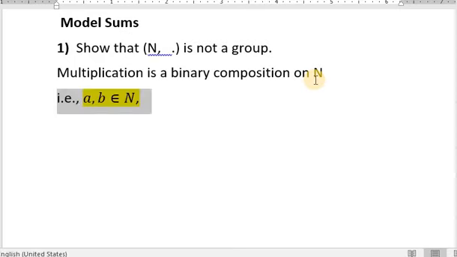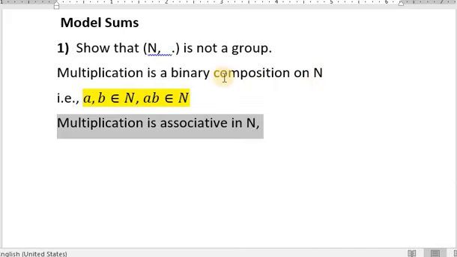Then it can be represented symbolically like this. That is, for all a, b belongs to N, a into b also belongs to N. So, multiplication is a binary composition on N. So, the first property, that is closure law, is satisfied.